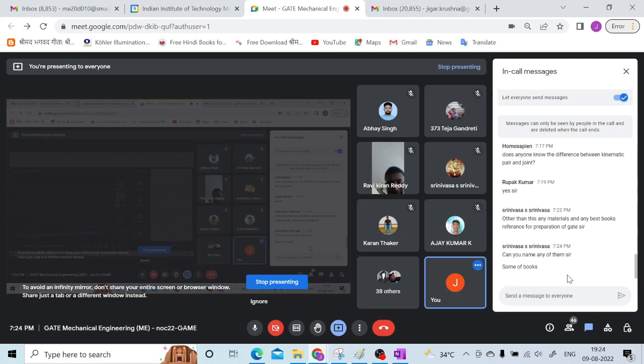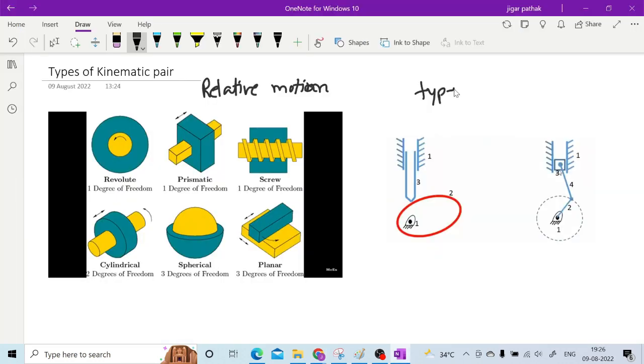One is based on relative motion between these particular elements, one is type of closure, and one is nature of contact. So these are three various ways of classifying this kinematic pair.